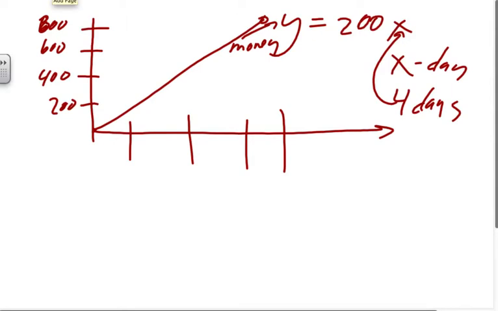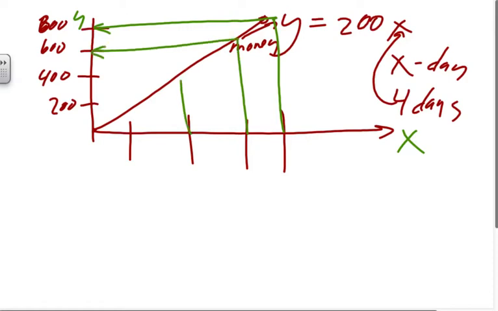It's going to be 800. The way you're doing this graphically, of course, is you're coming in, if this is x and this is y, you come into 4, you find where it intersects, and you go over, and you read your y value. So when x is 4, y will be 800. When x is 3, y will be 600, and so forth.